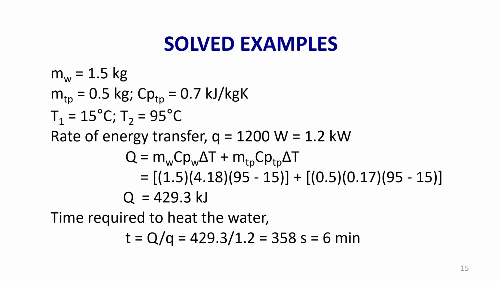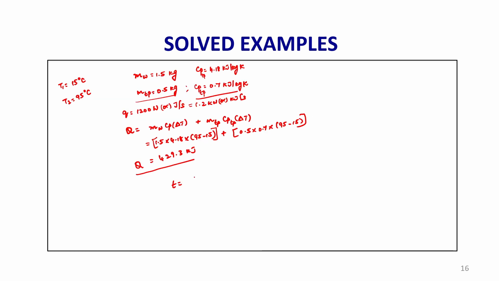So divide the Q value by small q. This is 429.3 kilojoules, and this is 1.2 kilowatts, which is nothing but kilojoules per second. So the kilojoule term will get cancelled, and we will get the answer in time.